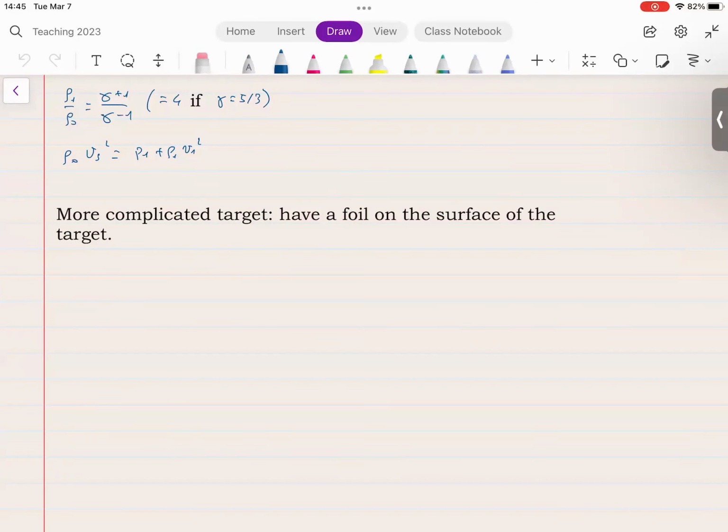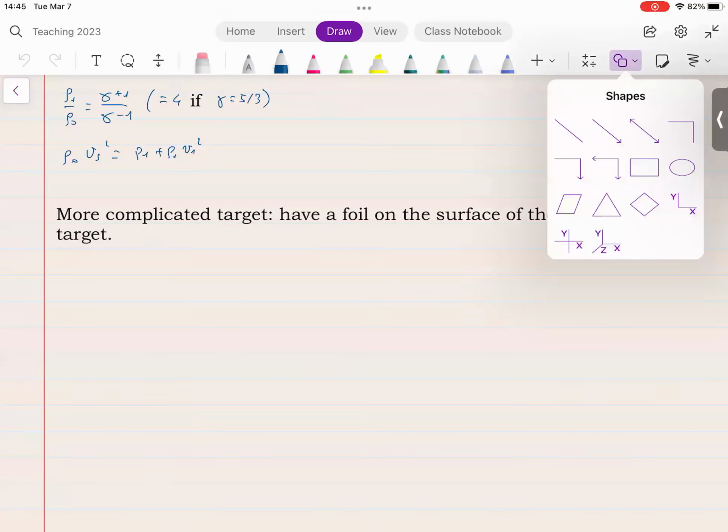In this case, we're using a slab model, so it's going to look something like this.